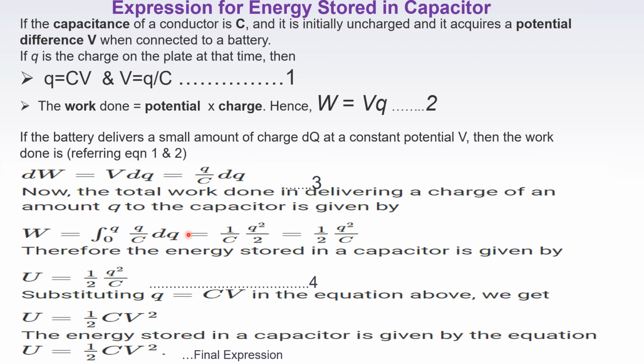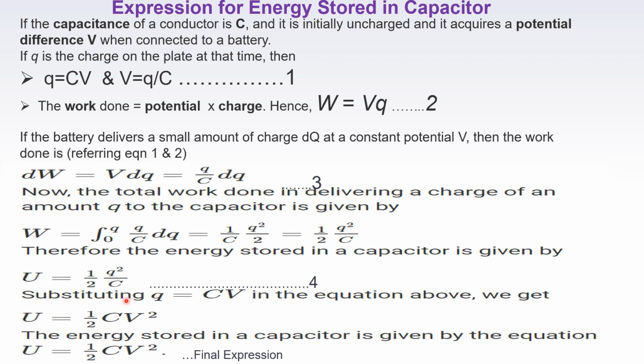Can you integrate? It's normal mathematics. 1 by C is the constant. Q dQ integration will be Q square by 2, and hence total work done formula will become 1 by 2 Q square by C. Therefore, the energy stored in the capacitor is given by this formula, Q square by 2C.